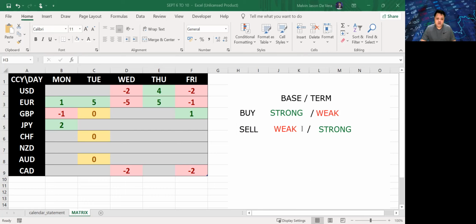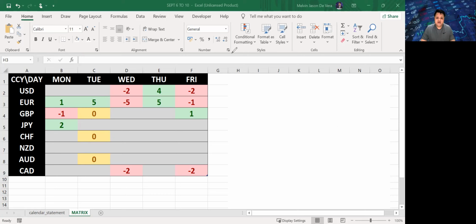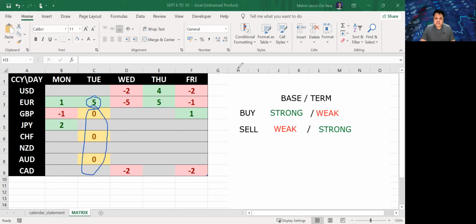Alright, now, yung neutral at saka yung strong, hindi high probability pero tradable yun. Alright, so for example, now we have a strong base euro and weak, or hindi naman weak, neutral na terms. So we can actually consider pairing here si Euro GBP, alright?